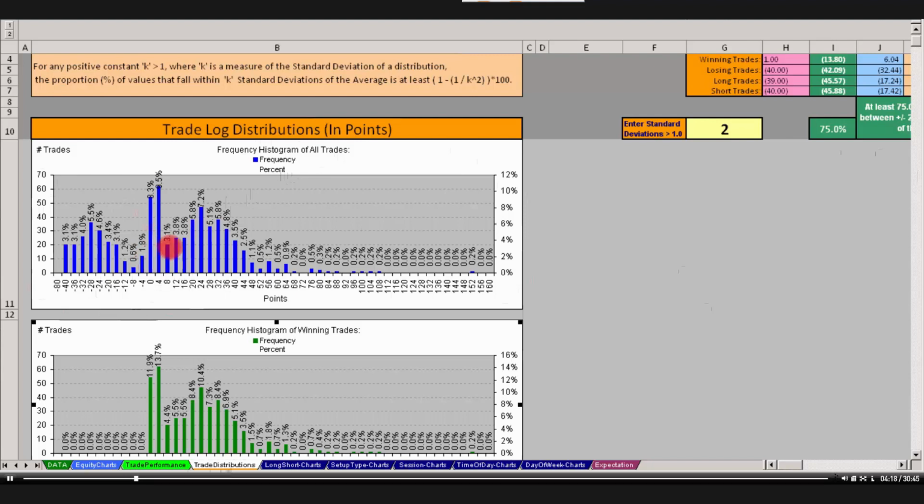If we look at the percentage on top of the bar, we can see that approximately 8.3% of all trades fell between 0 and 4 points, and about 8.5% of all trades fell between 4 and 8 points. So that's how you read that graph. Again, the column on the left is the number of trades that fell within the bin, or point range. Okay, great.